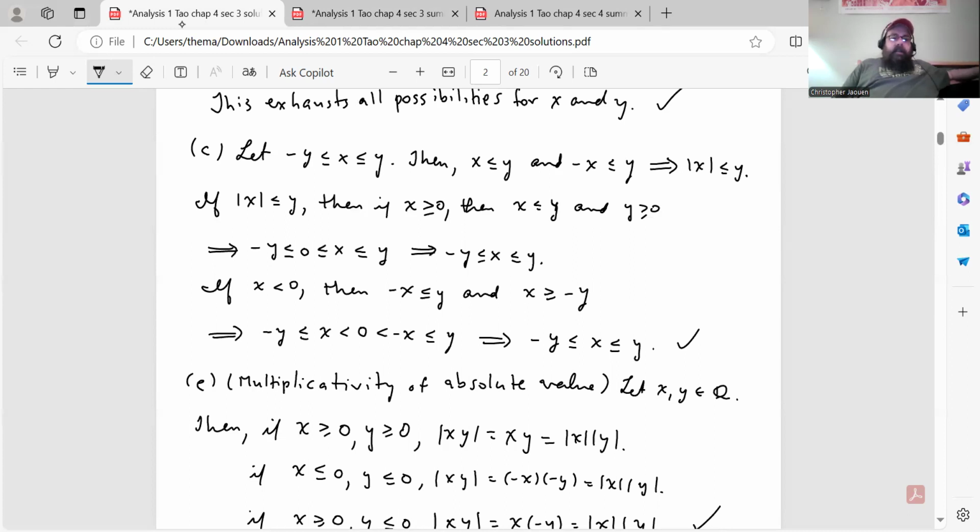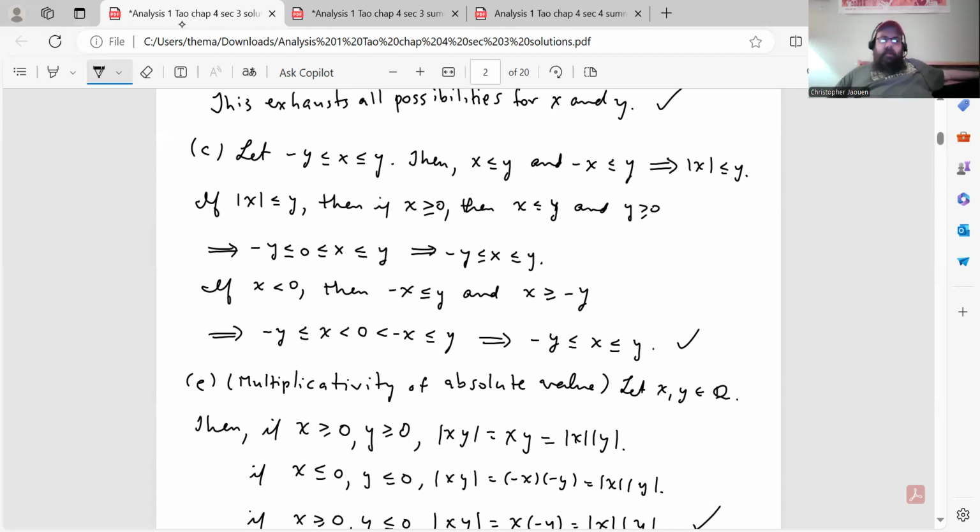All right, and then if x is less than 0, then negative x is less than or equal to y, and x greater than or equal to negative y implies negative y is less than or equal to x, which is strictly less than 0, less than negative x, less than or equal to y, which implies, again, that negative y is less than or equal to x, less than or equal to y. So that part I broke up into cases, obviously.